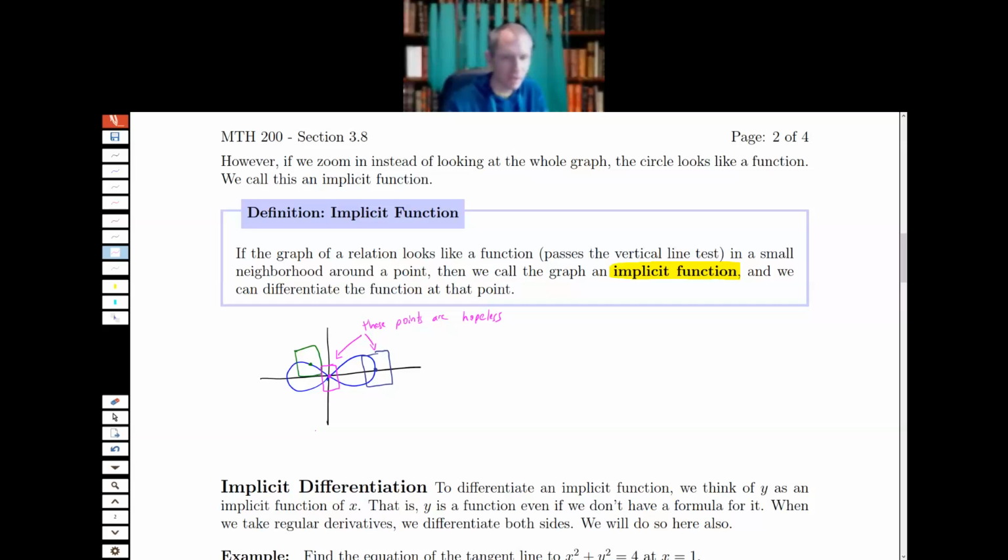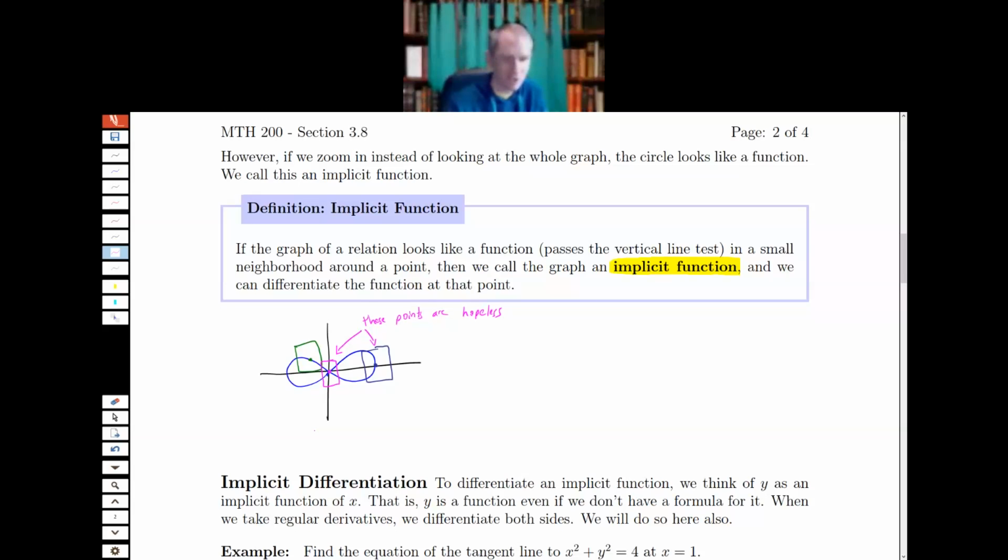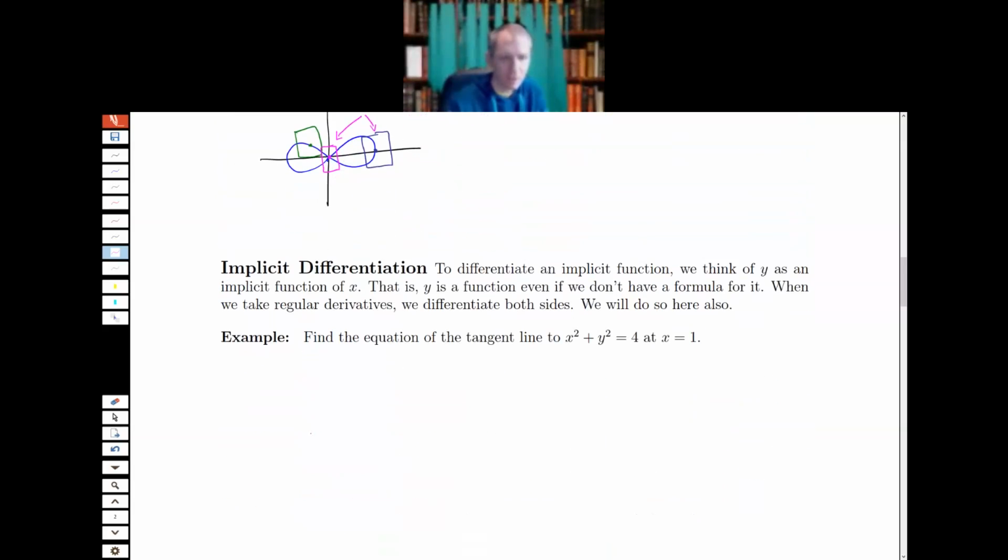So now let's look at how do we do the calculus? How do I actually differentiate? Right? So here's the general idea. When we differentiate, we think of y as a function of x. But since it's an implicit function, I don't have a formula for y. I just know somehow that y is a function of x. Okay, so what we're going to do is just sort of differentiate away, right?